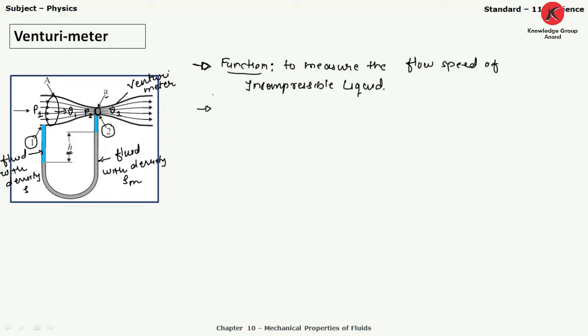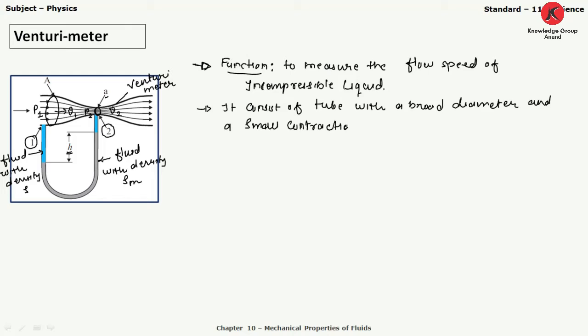Right. So first of all I am writing over here what we have, so it is easy for you to understand. It consists of a tube with broad diameter and a small contraction at the middle as shown in figure.